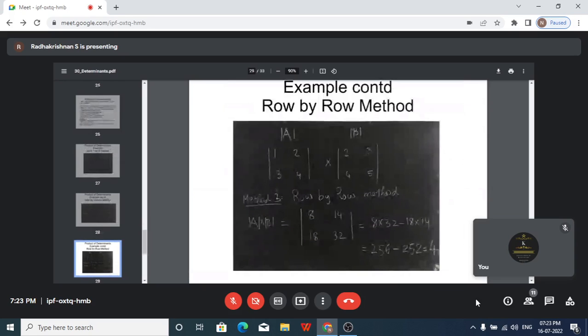Row by row method: we take the first row and the first row in B also.